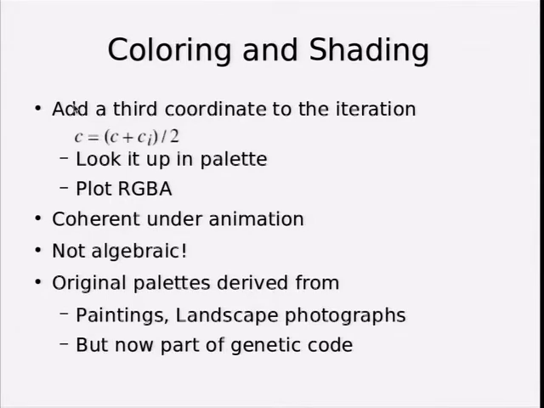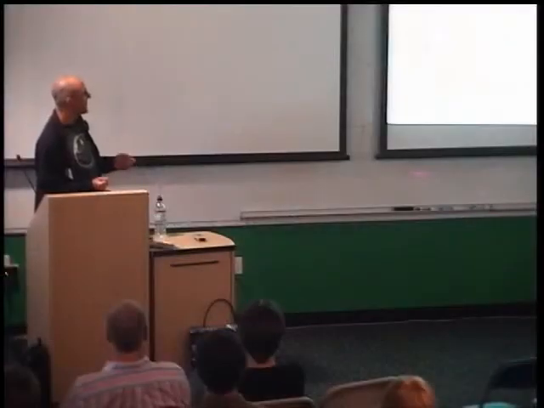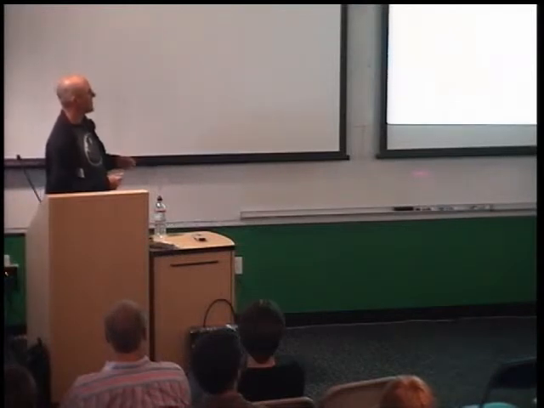The problem with that kind of palette is that as the image moves, the different parts of it change color, and that doesn't look natural. It doesn't look like an object in motion. It looks like you're wearing infrared goggles or something. So doing it like this is important to make it look realistic.